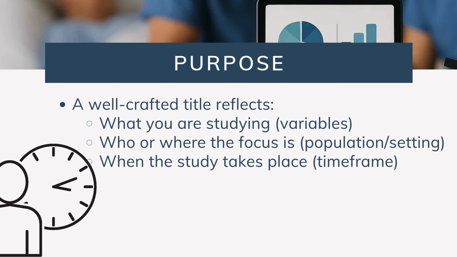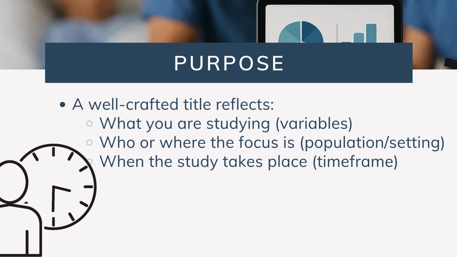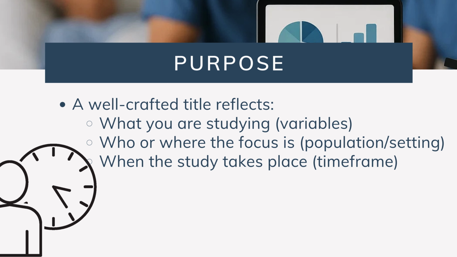For example, saying school year 2024 to 2025 adds context and makes replication studies or meta-analysis easier in the future. Remember, research contributes to an ongoing conversation. That is why your timeline matters.